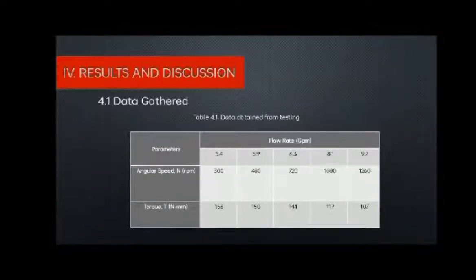For 6.3 gpm, 720 rpm and 144 Newton millimeter. For 8.1 gpm, the angular speed is 1080 and the torque is 117, and for 9.2 gallons per minute, the angular speed is 1260 and the torque is 107.